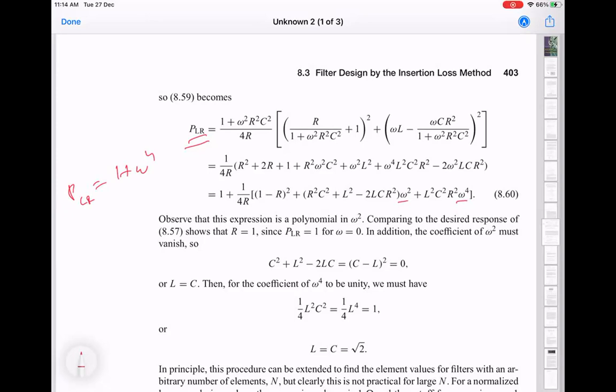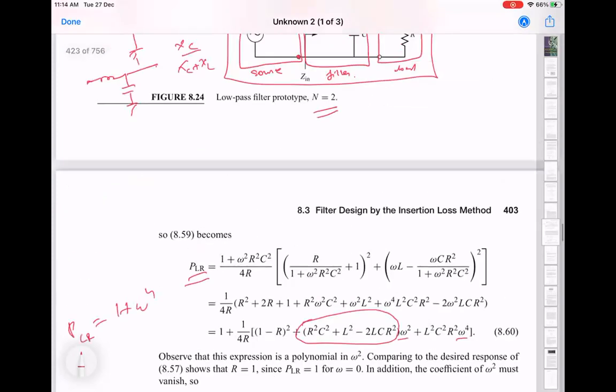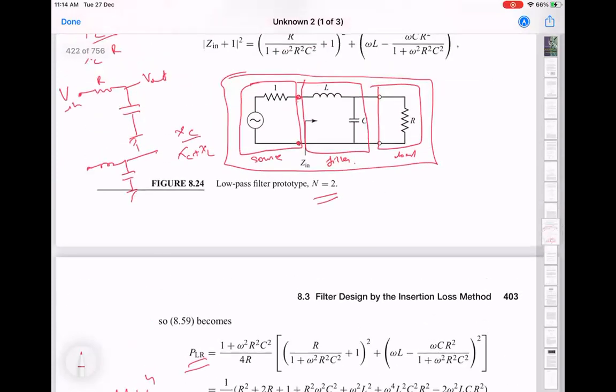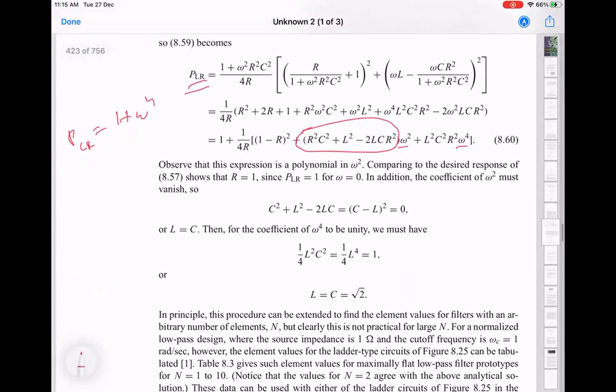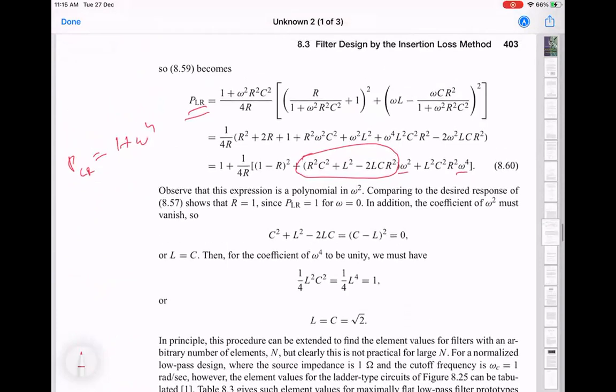And we want this part, which is basically the coefficient of omega square, to go to 0. Okay. Now, R equal to 1 should have been obvious from before, because we started with a source impedance of 1. And this is a matched system. So in fact, it's saying that only for such a matched system can you create this kind of a filter response that easily.